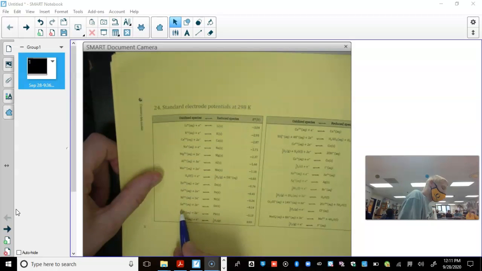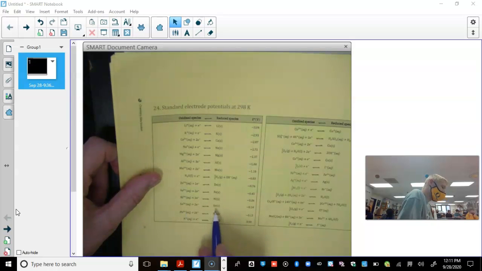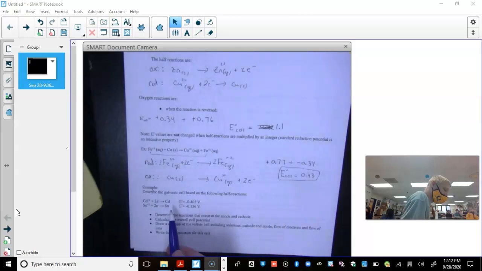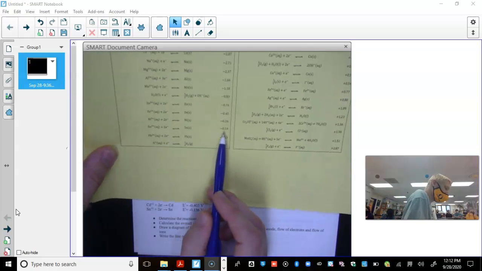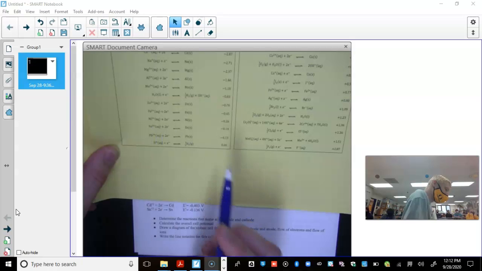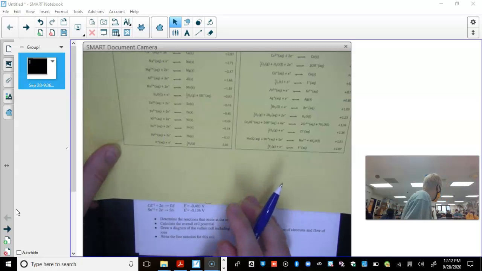Tin is right here. We're adding 2 electrons, so this is the reduction. It's negative 0.14, so the potential is negative. And so this is what, oxidation or reduction?